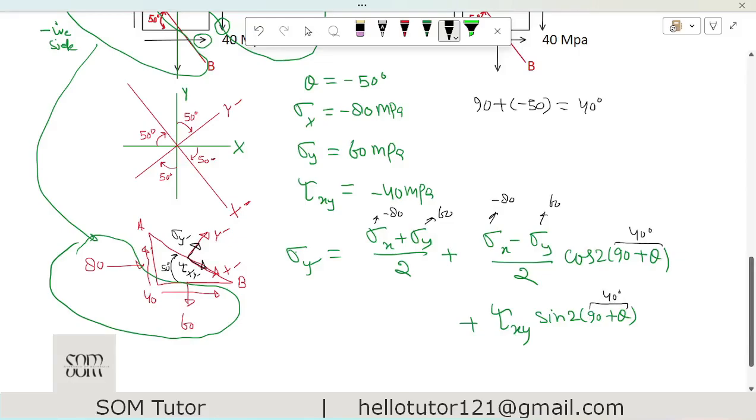Let me use a calculator to find the values. Again, this tau xy is minus 40 megapascal.